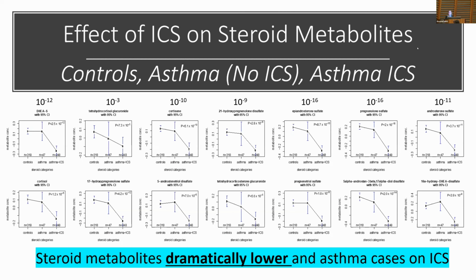So the first thing we did, because we had very good characterization of the medication use in our cohort, was to look at controls, asthma cases with no steroid use, and asthma cases with steroid use. And if you look up here, you see that in every single case, the group that had steroid use showed a dramatic reduction in the steroid levels observed. Again, to David, this is relative quantification. It was a targeted panel, but just keep on thinking relative quantification and we'll move on.